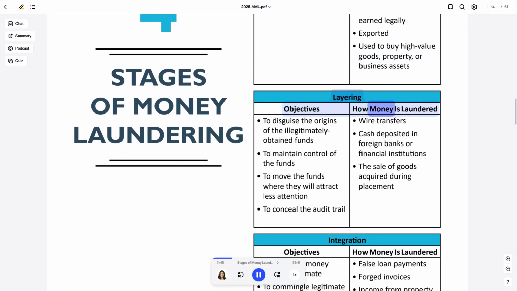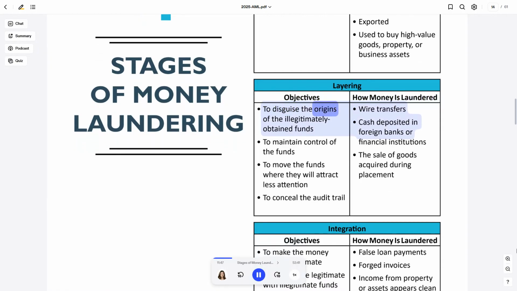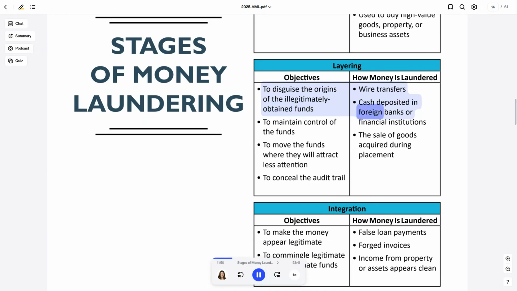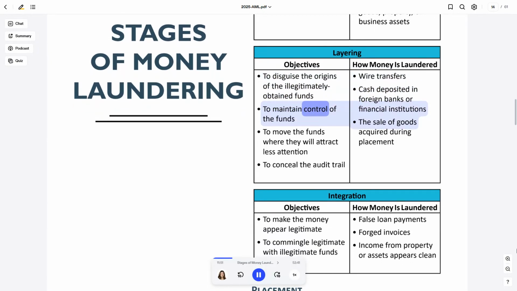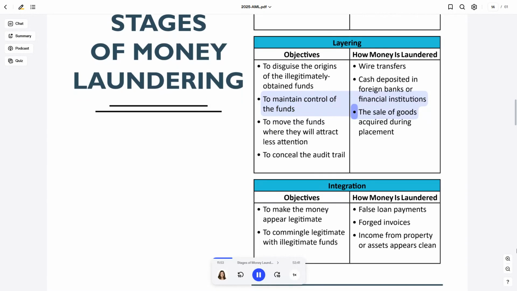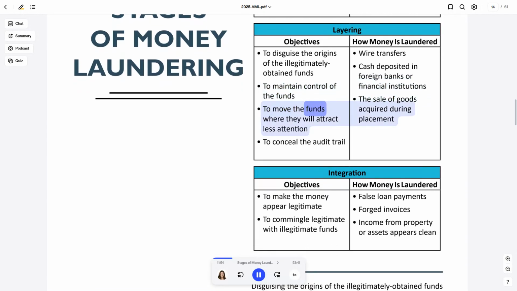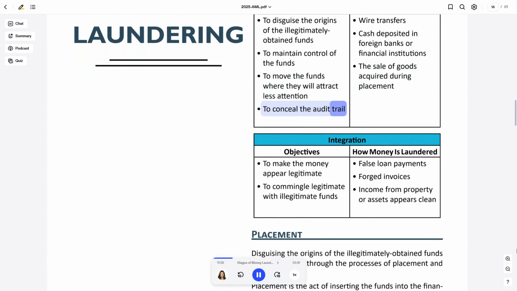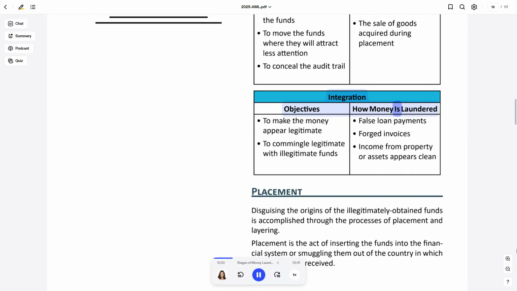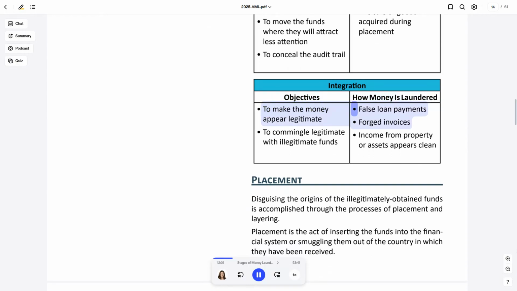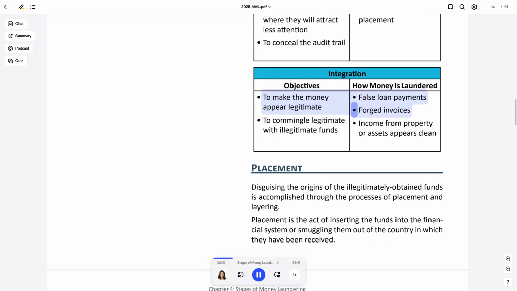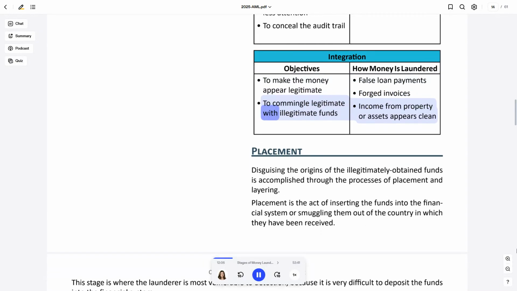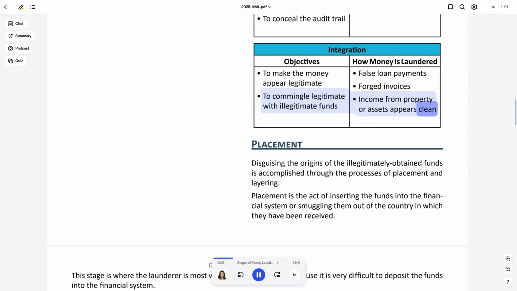Layering objectives: wire transfers of the illegitimately obtained cash funds, deposited in foreign banks or financial institutions, to maintain control of the funds, to move the funds acquired during placement where they will attract less attention, to conceal the audit trail. Integration objectives: to make the money appear legitimate, with false loan payments and forged invoices, to commingle legitimate income from property with illegitimate funds so that assets appear clean.